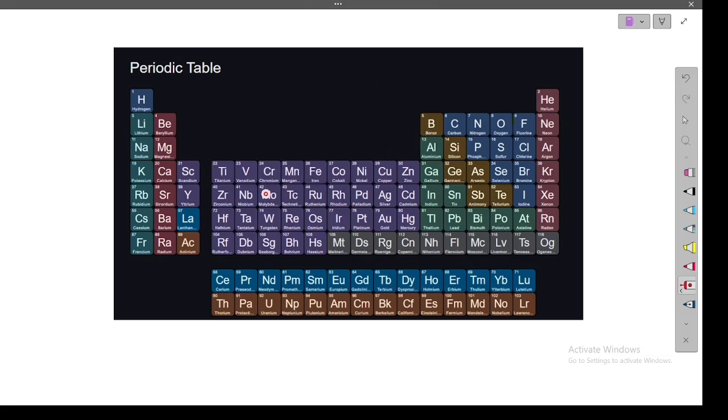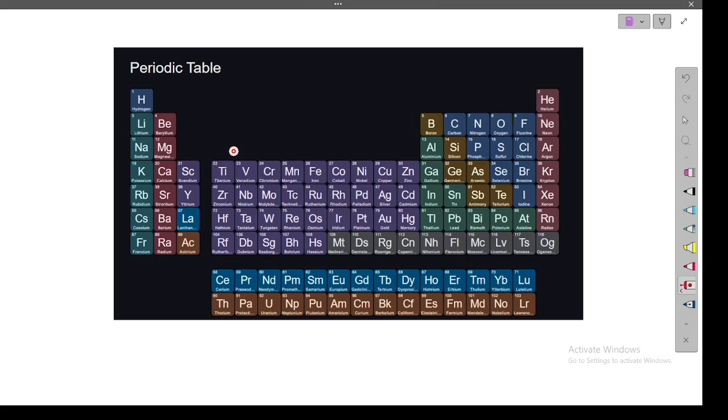Each element down the group has an extra electron shell, making the atom larger. Even though the nuclear charge increases, the outermost electrons are farther away and feel less attraction.